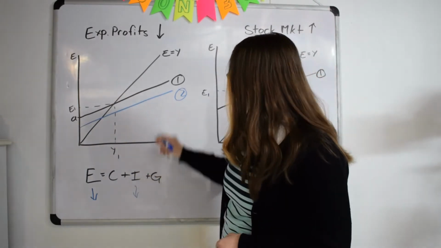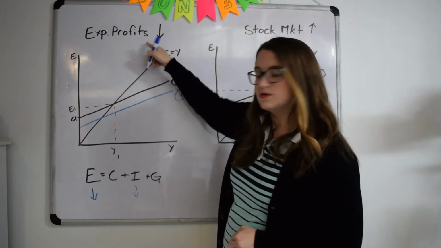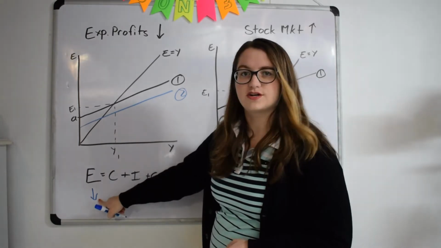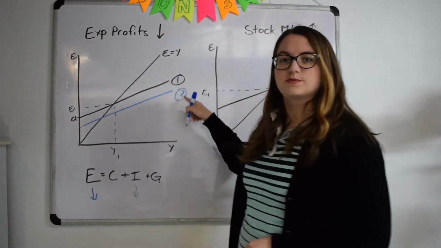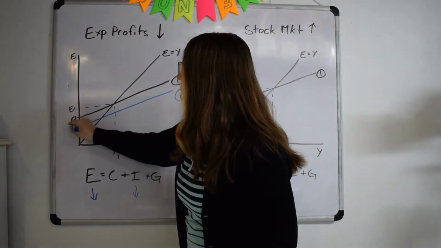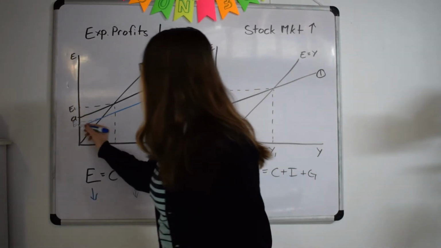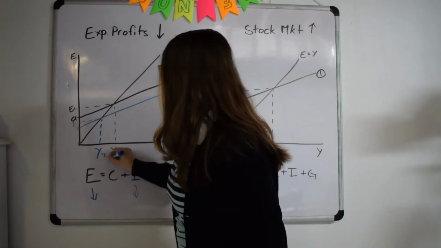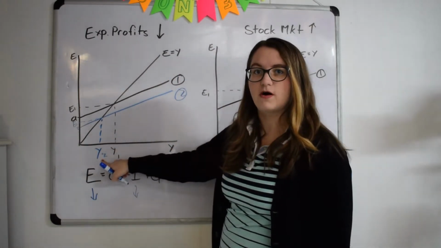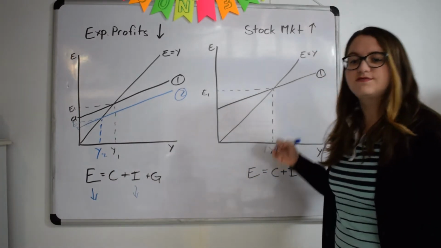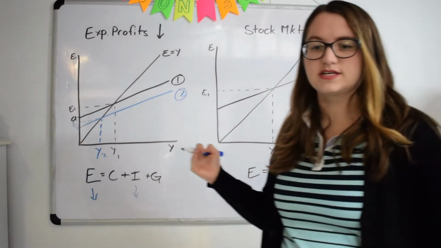So, expected profits decrease, which decreases investment, and thus decreases expenditure. This will decrease the expenditure line, causing the expenditure to fall, as we see down here, to E2. And we also see income GDP fall.